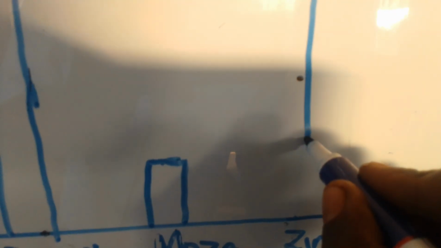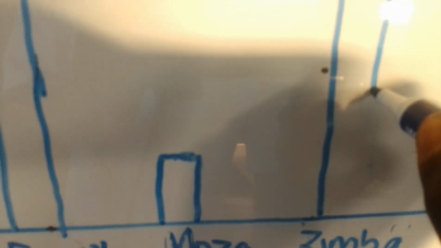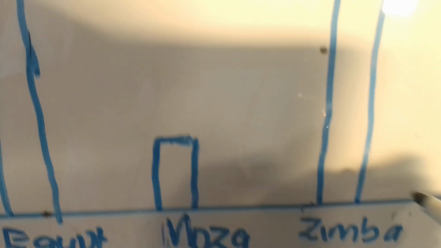Then lastly, Zimbabwe is 60%, which is almost there. That's Zimbabwe. Then let's go back to now look at HEP.